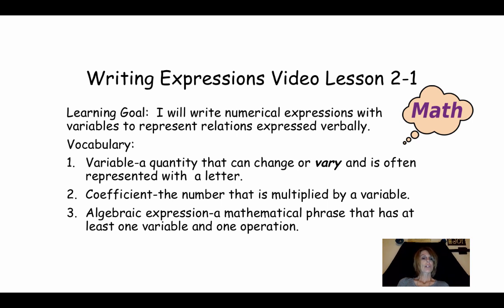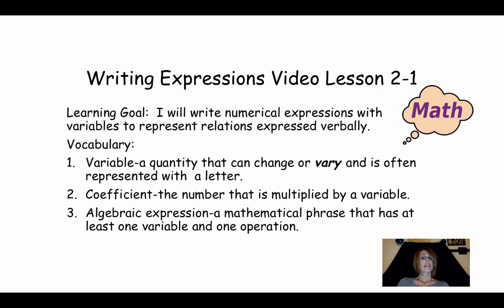The second word is coefficient. That is a number that is multiplied by a variable. The word coefficient is just specific to numbers that are multiplied by a variable. An algebraic expression is a mathematical phrase that has at least one variable and one operation.